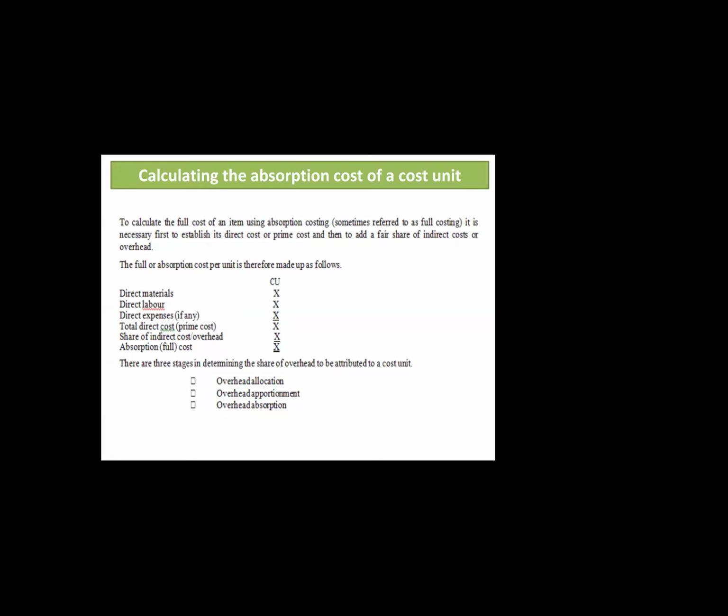That is direct material, direct labor, other direct expense, if any, plus a share of indirect cost or overhead, equal to absorption or full cost. So there are three stages, as I said, in determining the share attributed to cost: overhead allocation, overhead apportionment, and overhead absorption.